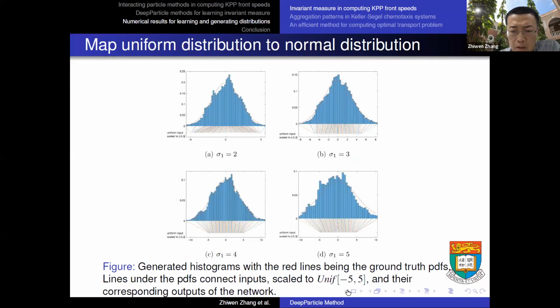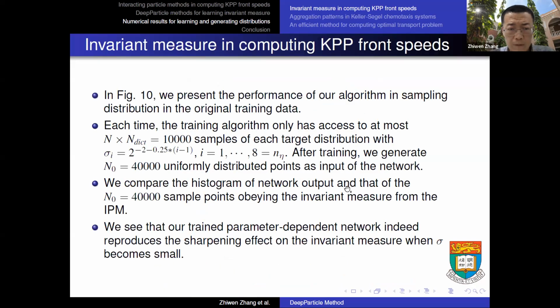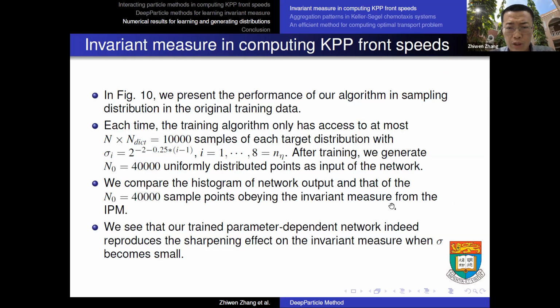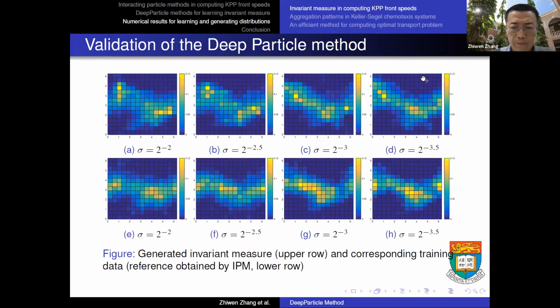The first one is that we want to learn the map from uniform distribution to Gaussian distribution with a parameter, different variance. This is a very nice, interesting result.